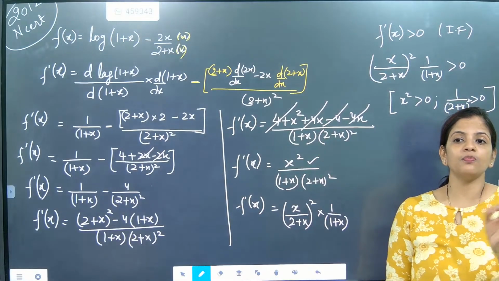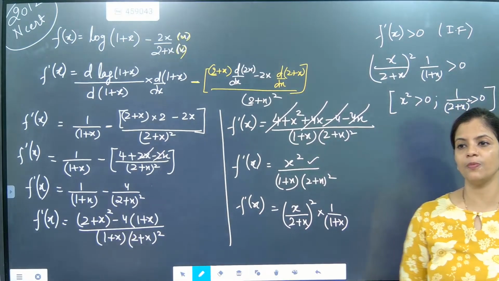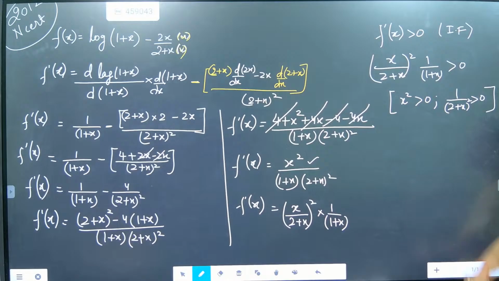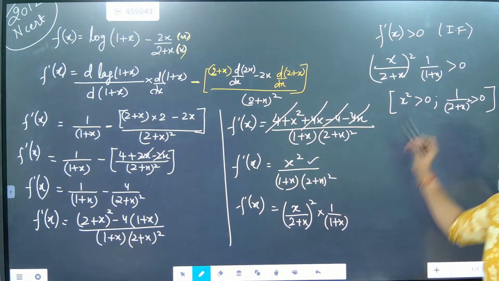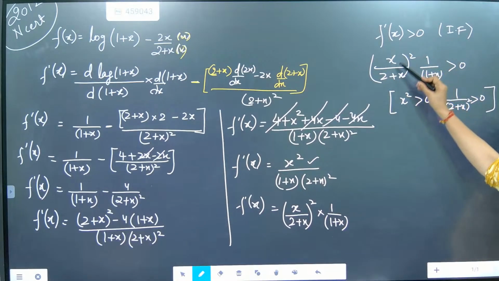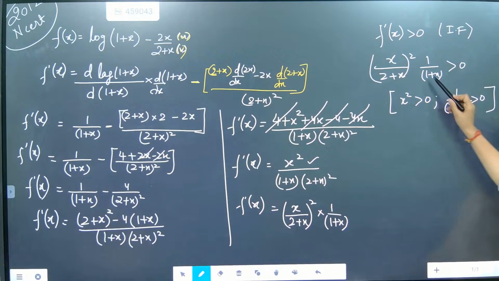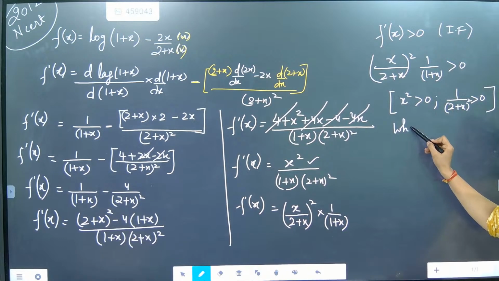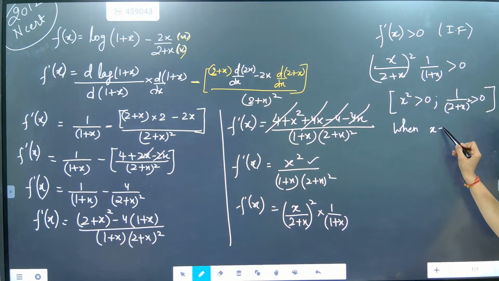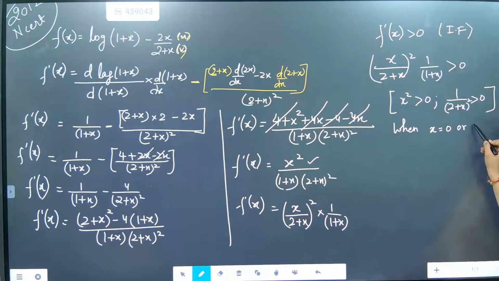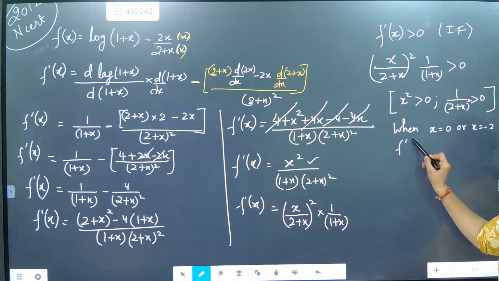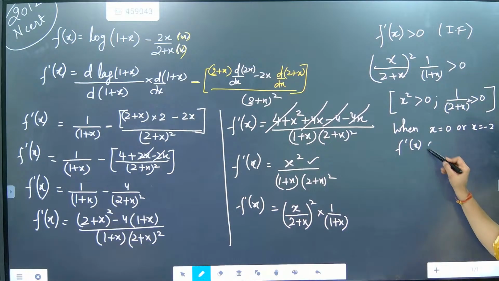But one technical problem came. What is the technical problem? The moment you put x equal to 0, this inequality will become 0 greater than 0. So when x is equal to 0 or x is equal to minus 2, f dash x will come 0.